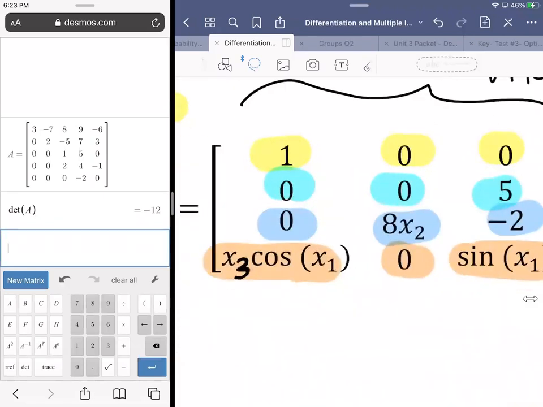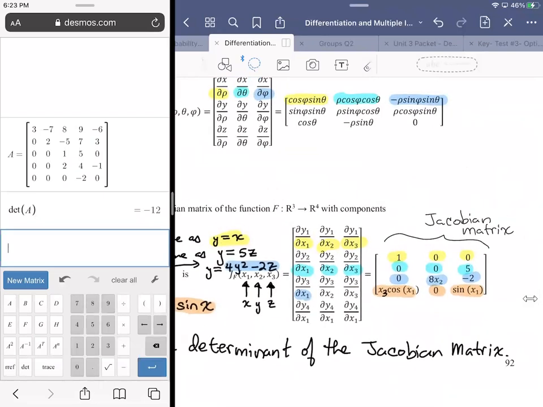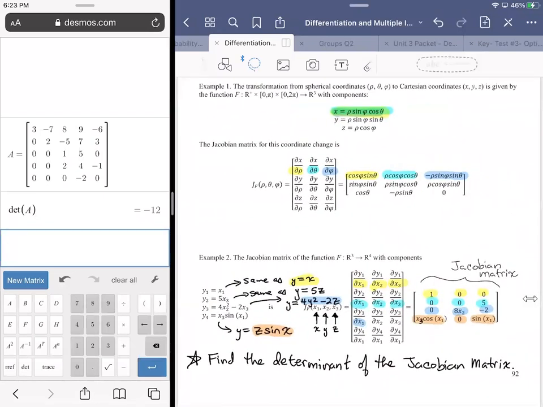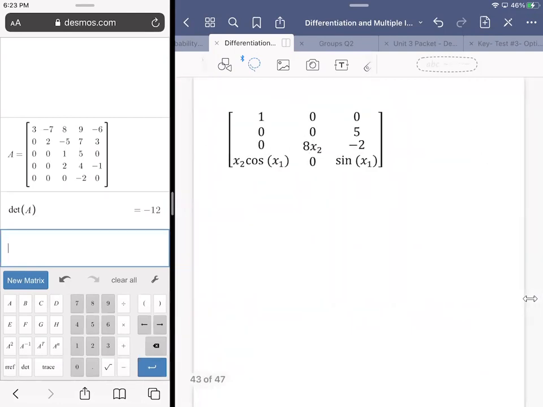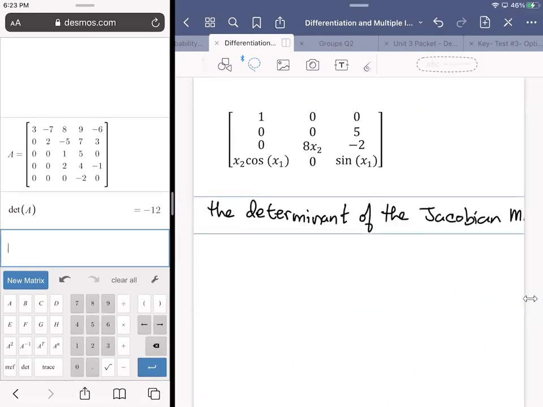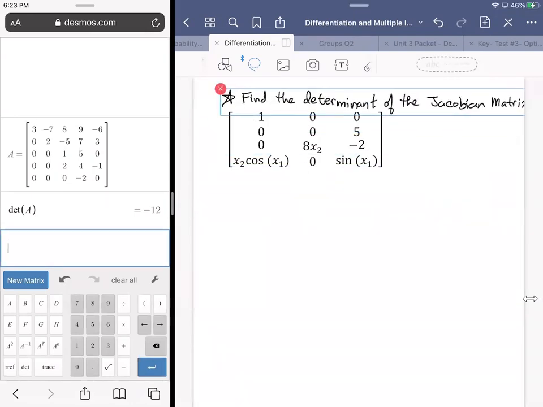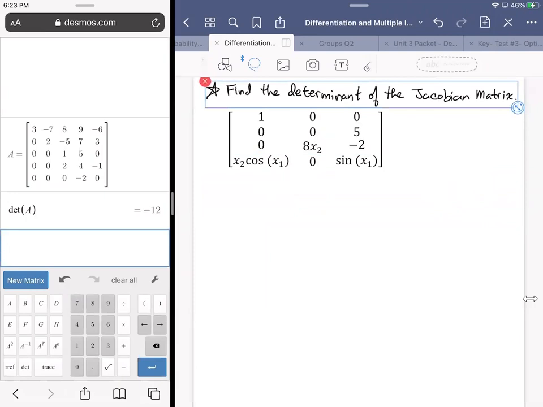The x sub 3 is what it should have been, but I don't know that anybody submitted the typo in the find the determinant of the Jacobian matrix problem. So if somebody wants that, even if somebody submitted it, obviously I didn't make the change, so I'll take that also.